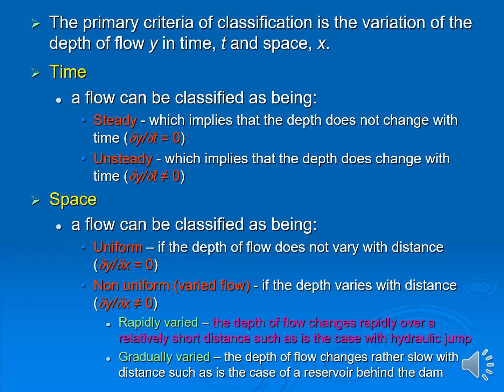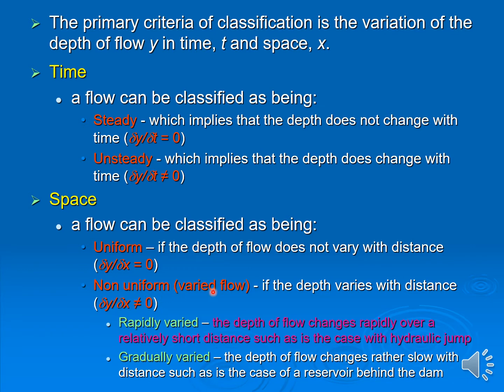It can be seen here that the rapidly varied flow is under the classification according to space, where a flow can be classified as uniform flow and non-uniform flow, where the rapidly varied flow is one type of non-uniform flow.